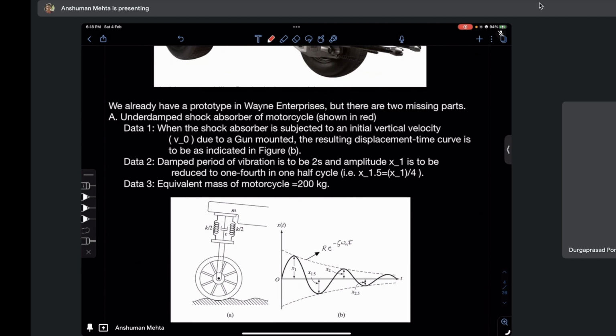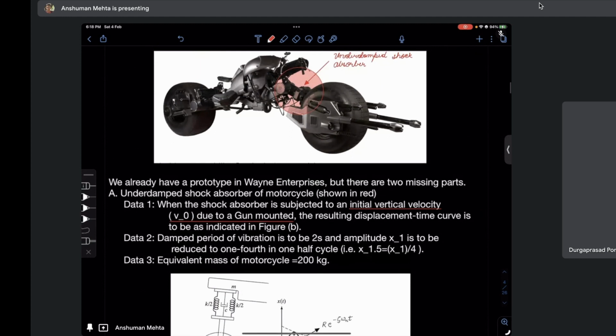We have to find k and c, and also one more thing: if the maximum displacement of this vehicle is equal to 250 mm, you can see that the whole body is moving, like a multi-body problem, and there are 2 points which can intersect if the shock absorber is compressed to its limit.